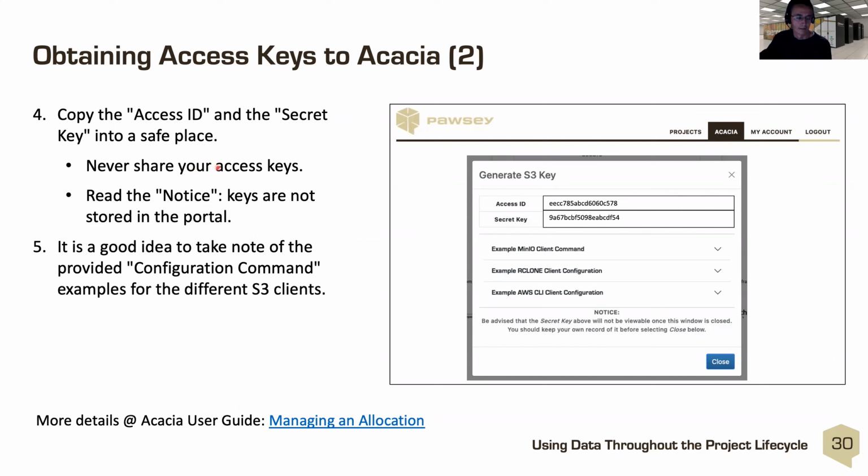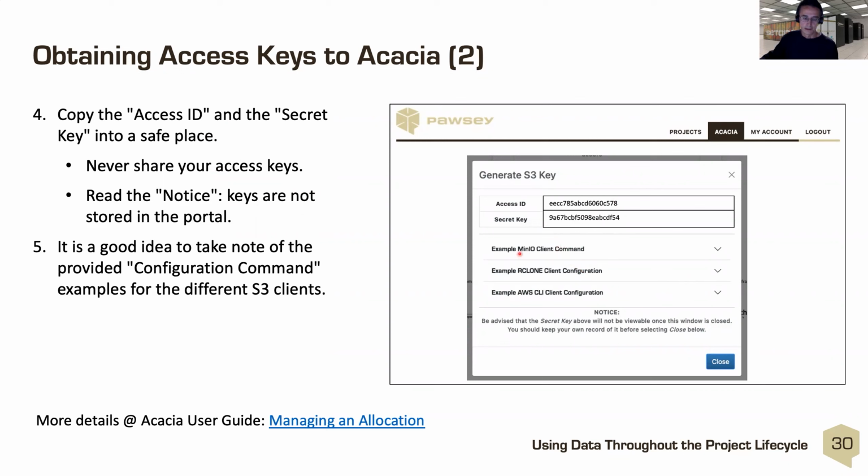That's part of the policies in Pawsey. You cannot share these keys, so it's only for your own use, even with your colleagues in the same project. And once you close the window, the keys are not visible to you anymore, so you need to save them before closing this window.